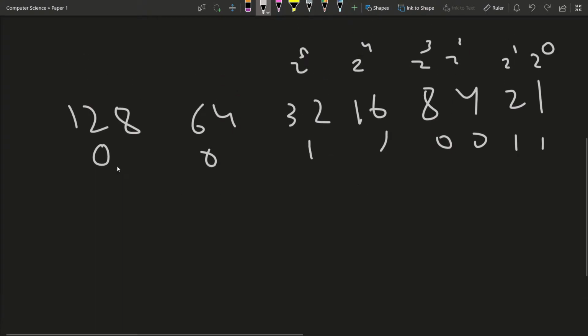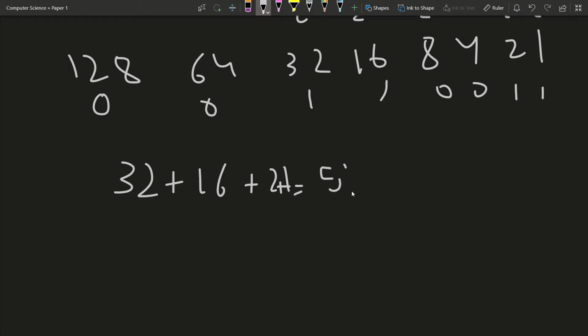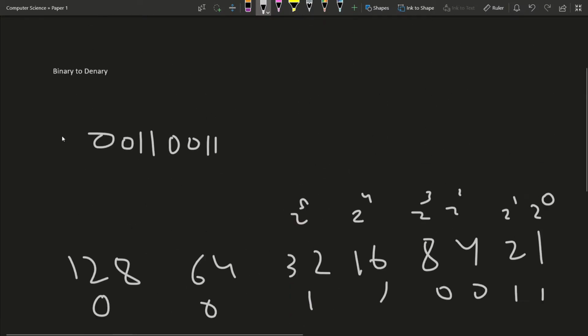If all of these were 1, you would add 128 plus 64 plus 32 plus 16 plus 8. But only 32, 16, 2, and 1 are 1. So 32 plus 16 plus 2 plus 1 is going to be 51. So that's how you solve binary to denary.